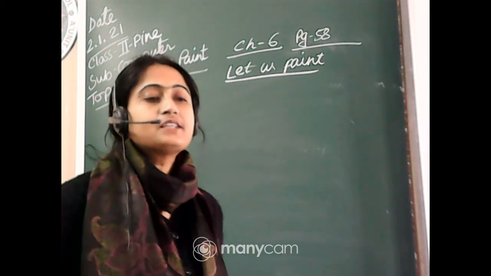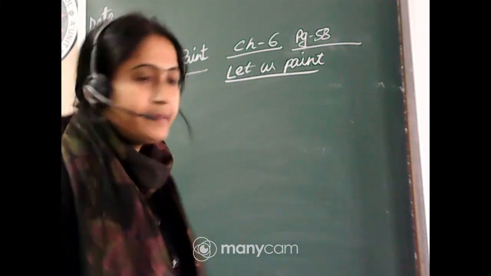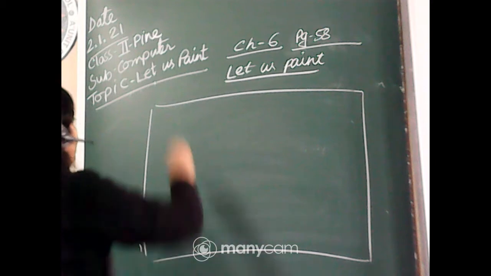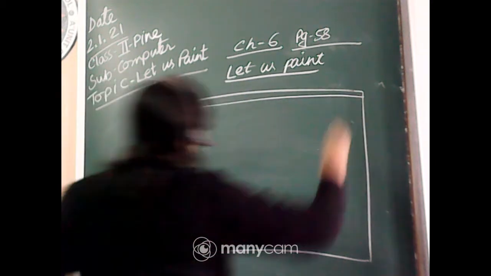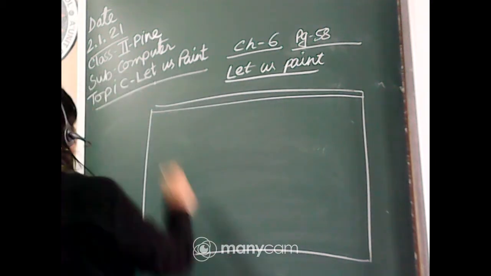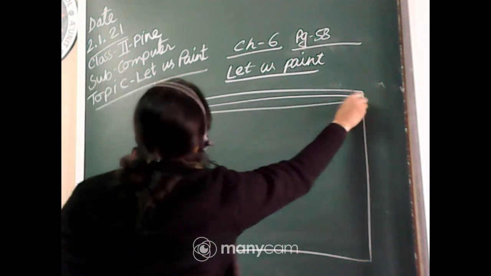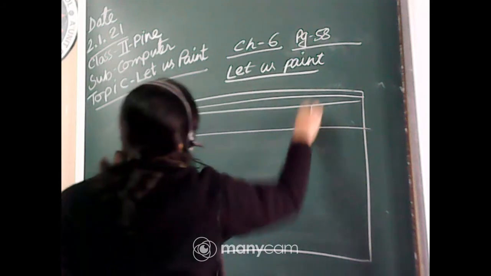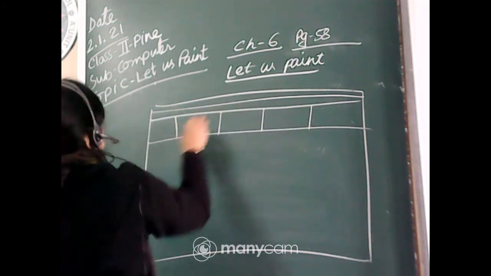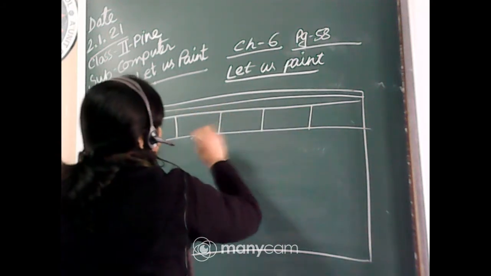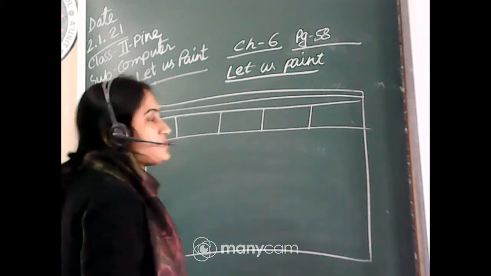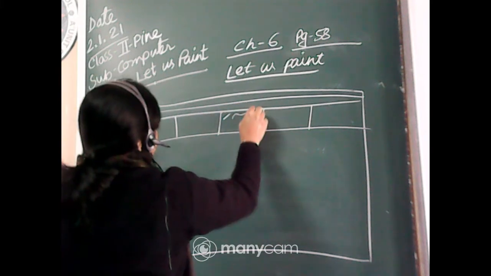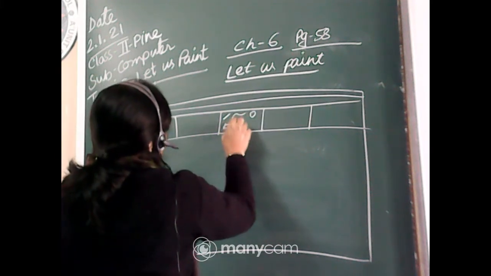First I will discuss the pencil tool. Suppose this is the drawing area. At the topmost is the title bar, and then the file tab, home tab, view tab, and then the ribbon. There are different groups: the tools group, colors group, and shapes group.